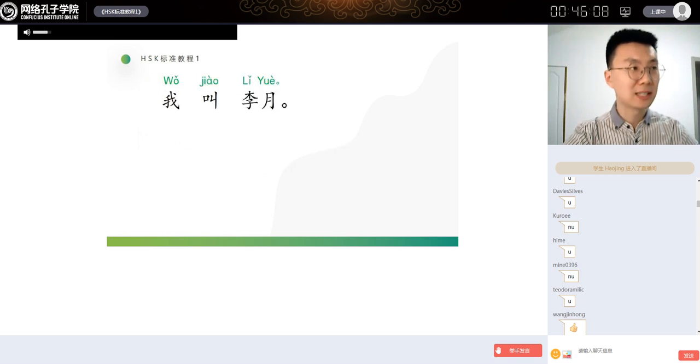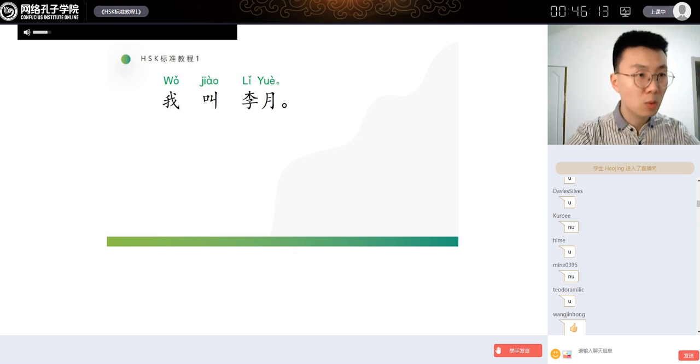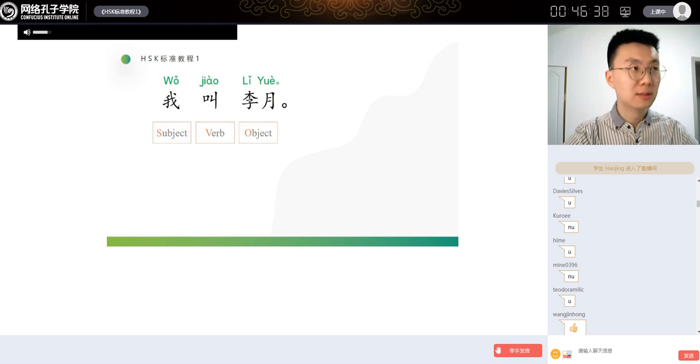好, let's look at next. Very good. 我叫 and your name. 洛毅, yes, 好. Let's look at this sentence. 我叫李月. In this sentence, 我 is the subject, 叫 is a verb, 李月 is the object.